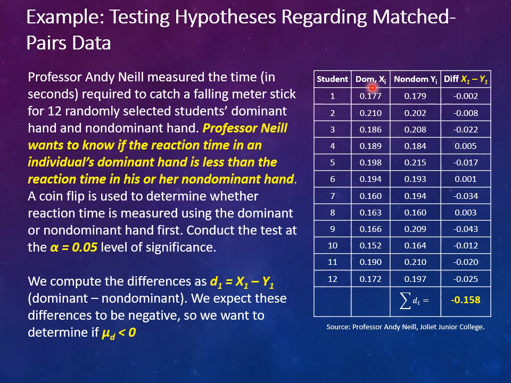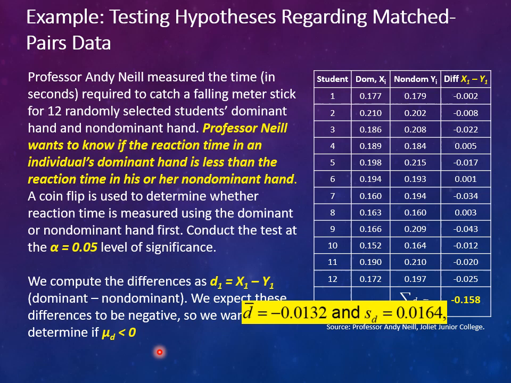So if we take a shorter time minus a longer time, then it would be negative. And so we expect the differences to be negative. So basically we're trying to determine if the mean of the difference is less than 0.